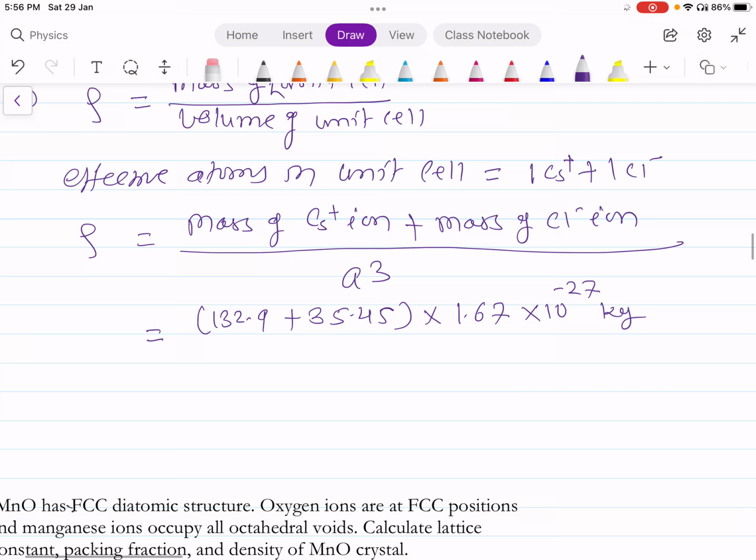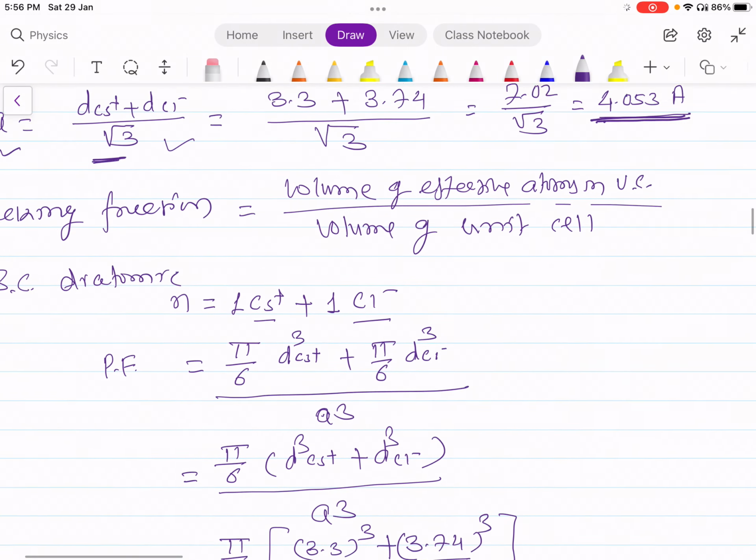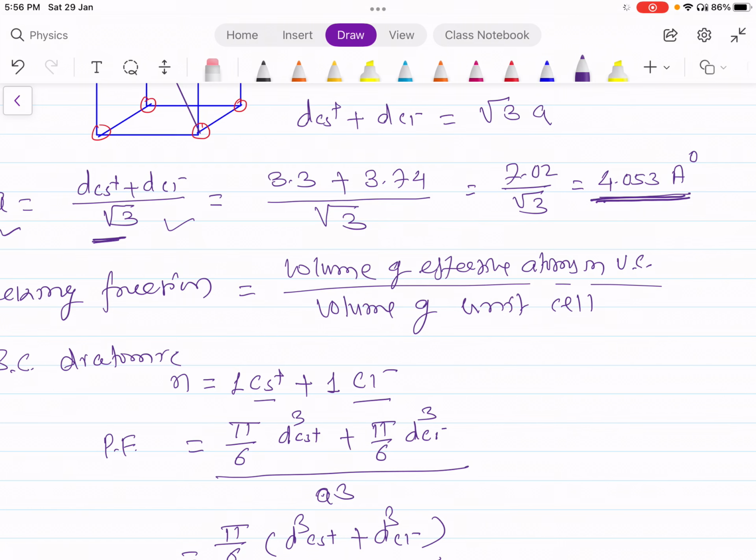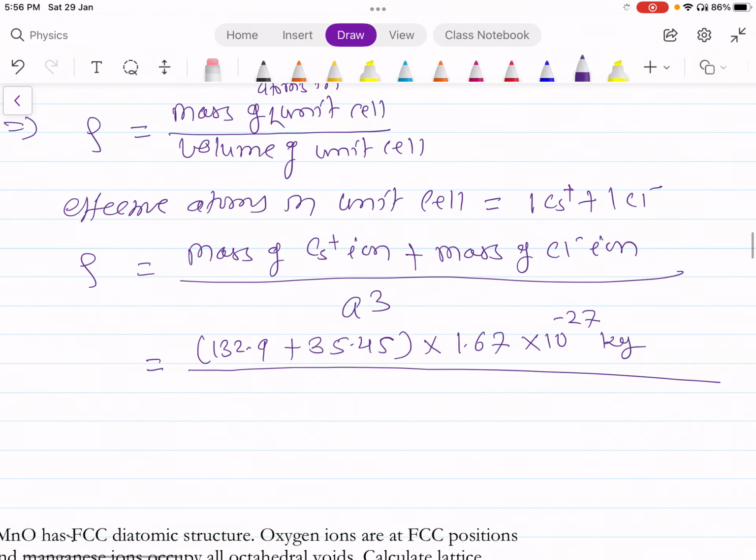So we get the mass in kg, divided by a cube. Now the lattice constant for this we also calculated earlier, which is 4.053. This is in angstrom. We have to convert that into meter. So 4.053 into 10 to the power minus 10 meter, and cube of this.